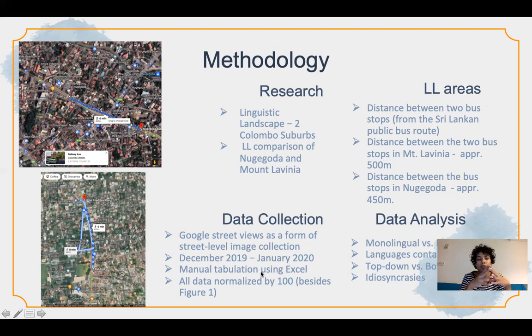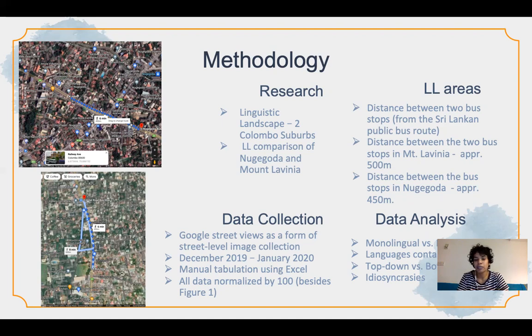Because I wanted to conduct a qualitative as well as a quantitative analysis, I wanted to employ manual tabulation so I could sift through the data and find very interesting pieces that I could talk about.